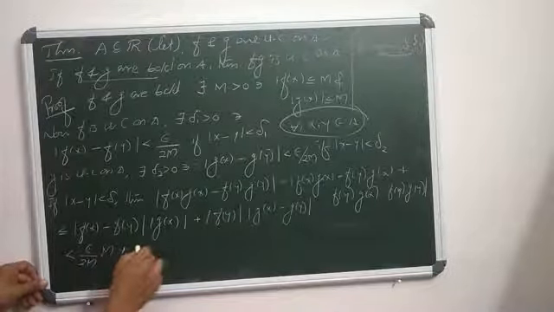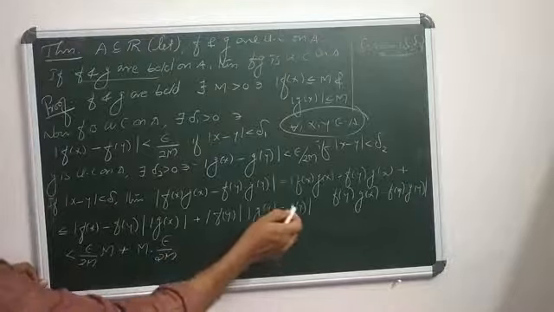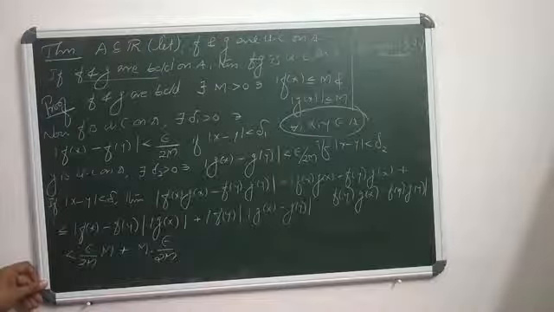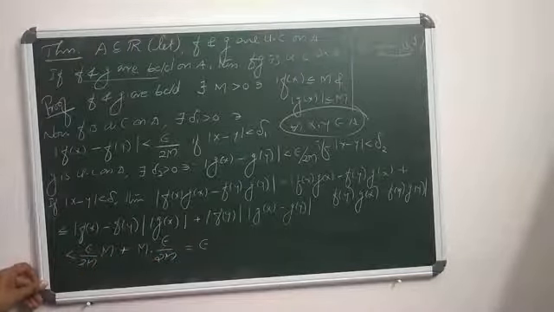Again, modulus of g of x minus g of y is also strictly less than epsilon by 2M. So M and M cancel each other, and the sum equals epsilon.